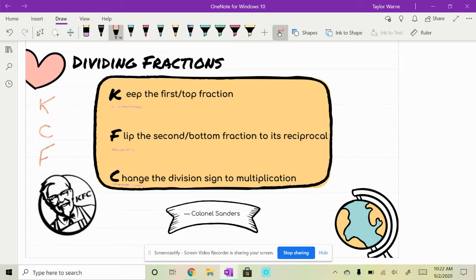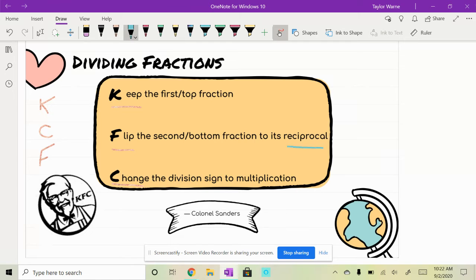So our K for keep is to keep our first fraction, or if it's written as a fraction divided by a fraction stacked, then you are going to refer to that as your top fraction. Then you are going to flip your second fraction to its reciprocal.